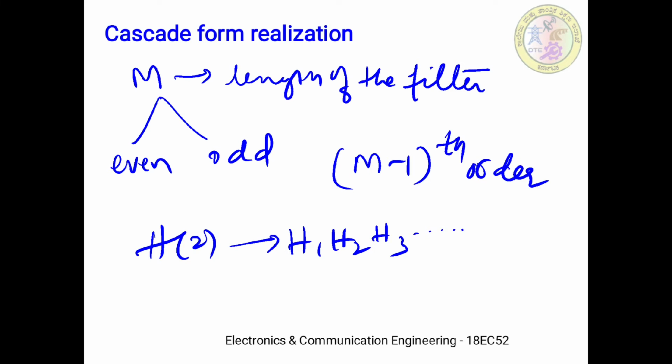So let us see how exactly to implement the cascade form realization by writing the transfer function H of z of the given system as a product of second order factors. Now let us consider H of z. We know that H of z is given by the sum of b k into z to the power of minus k, ranging from 0 to M minus 1.